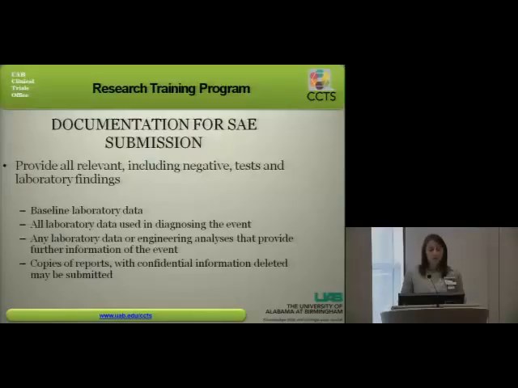You want to include baseline lab data, all laboratory data used in diagnosing the event, and any laboratory data or analysis that provide further information of the event. Any copies of reports with confidential information must be deleted prior to submission.